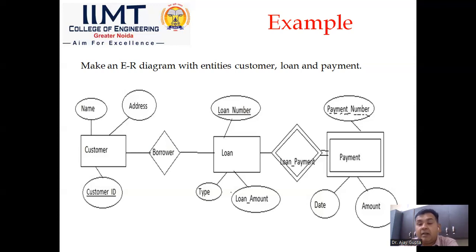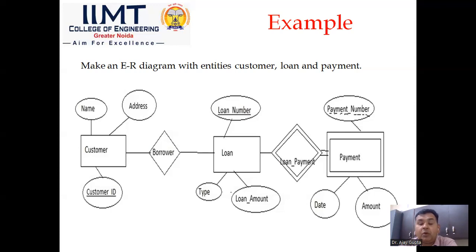Then in payment, we already discussed that payment number can't uniquely identify the payment. So payment must be dependent on loan. The relationship between loan and payment is loan payment, and the primary key of payment must be made by the combination of the partial key, payment number, and the primary key on which payment is dependent.